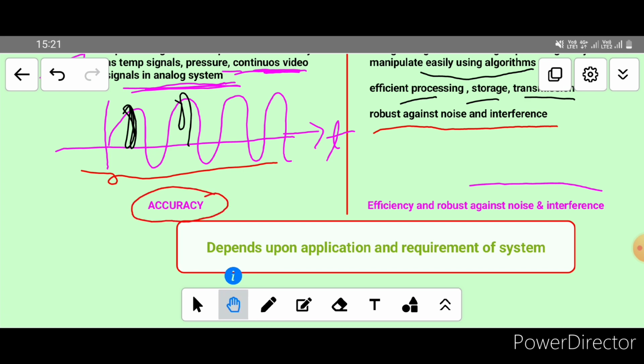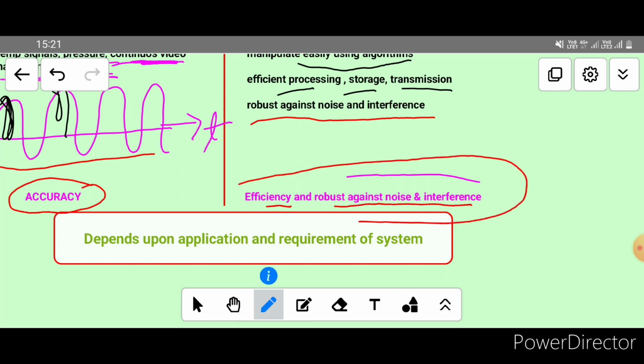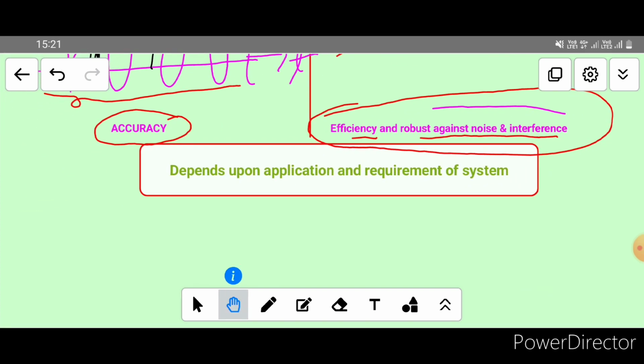In systems and applications where efficiency is more important and noise and interference have to be kept in mind, discrete time signals are used. So which is more important or most commonly used depends upon the application and the requirement of the system.